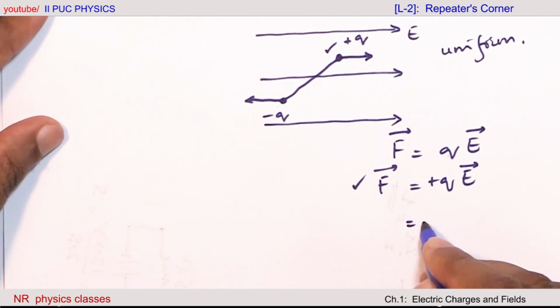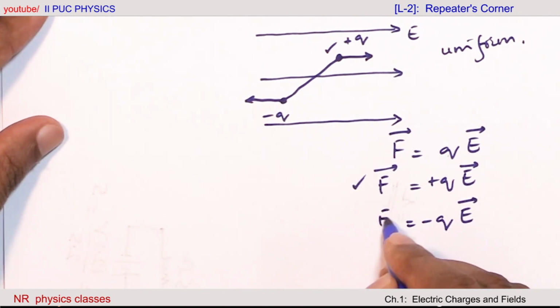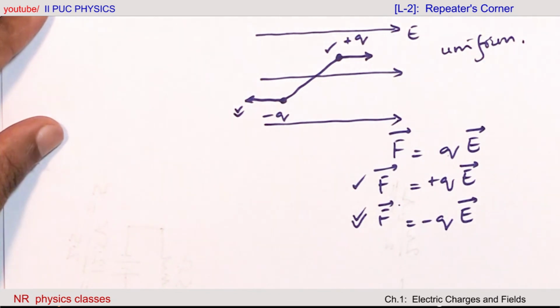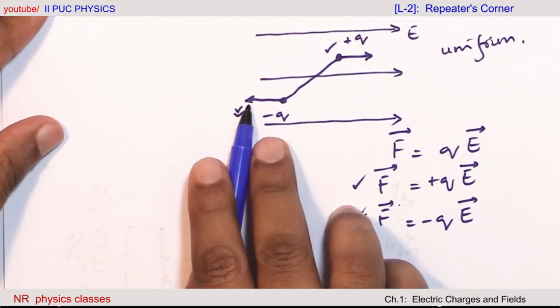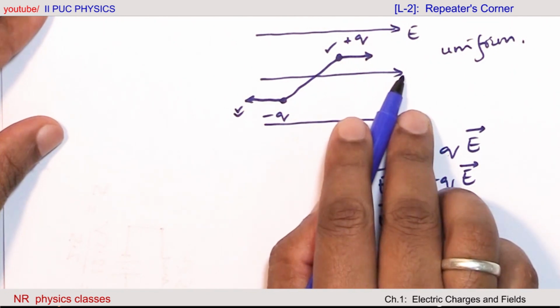Now, on a negative charge, force is minus Q into E. Minus QE means the direction of force is against the direction of field, something like this. So negative charge against the field, force on positive charge is in the direction of the field.